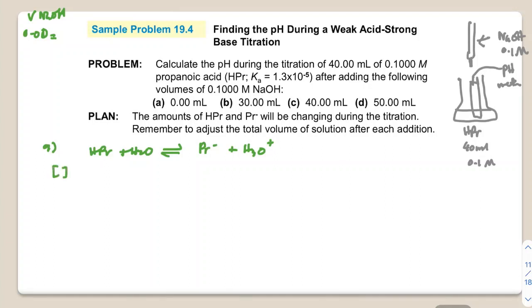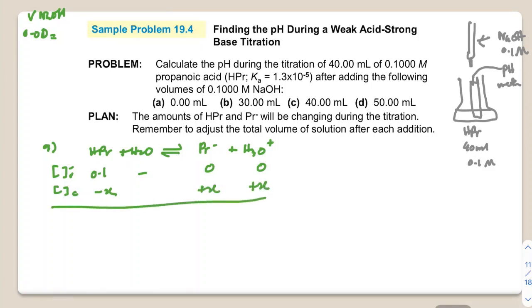Initial concentration: HPr is 0.1 molar, H2O dash, 0 and 0. Concentration change: minus x, plus x, plus x. So the concentration at equilibrium: 0.1 minus x, x and x. So we can calculate the pH if we know the concentration of H3O plus, so we have to solve for x.